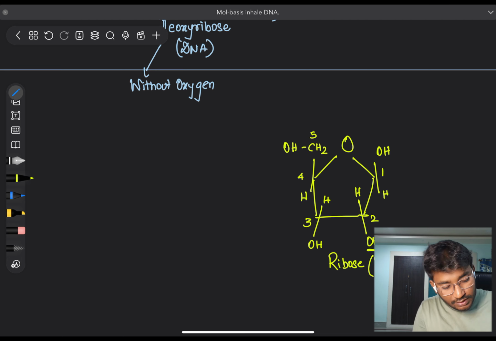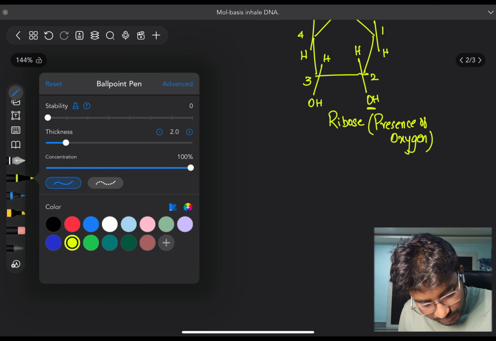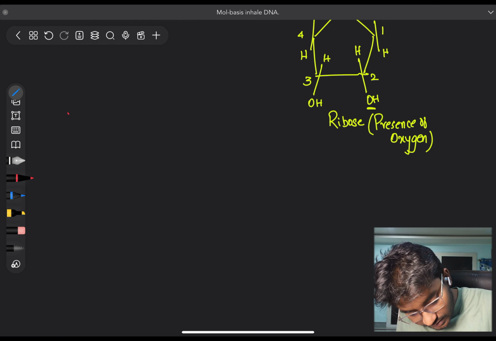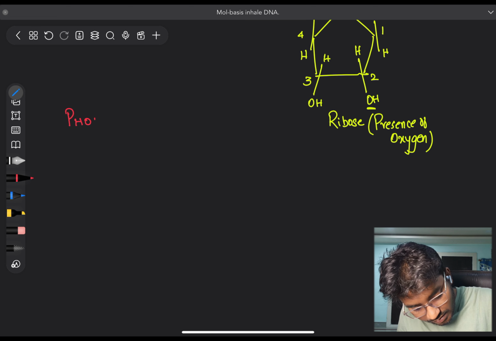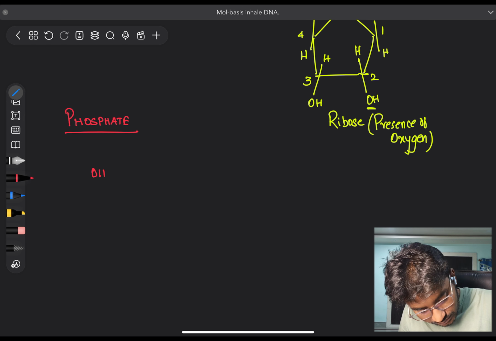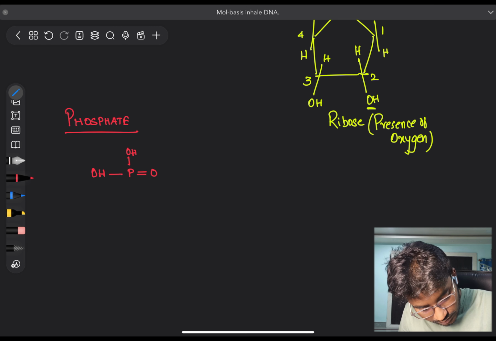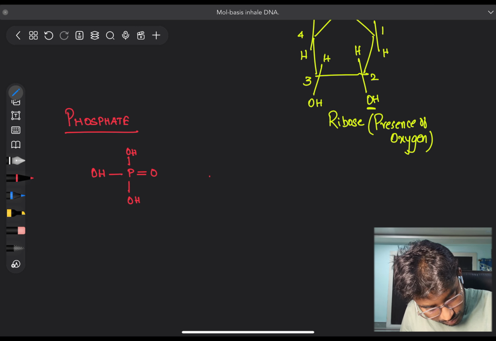Now the next one is the phosphate. OH, P, OH, O, OH, or O negative.